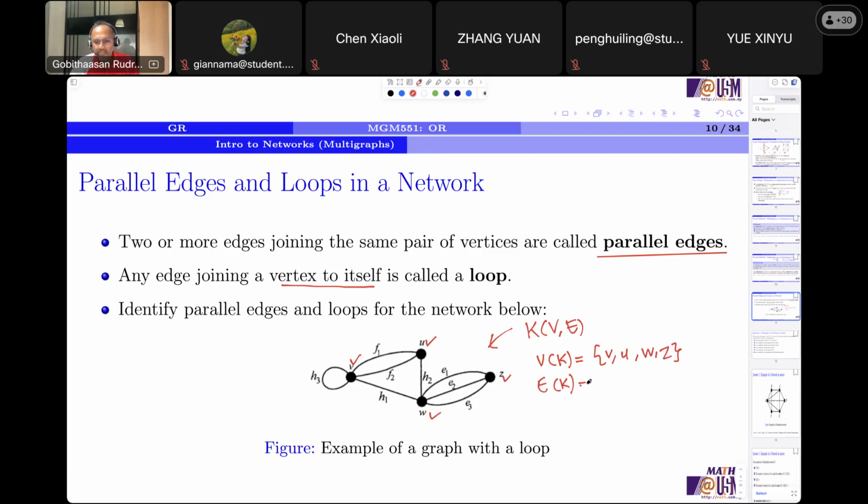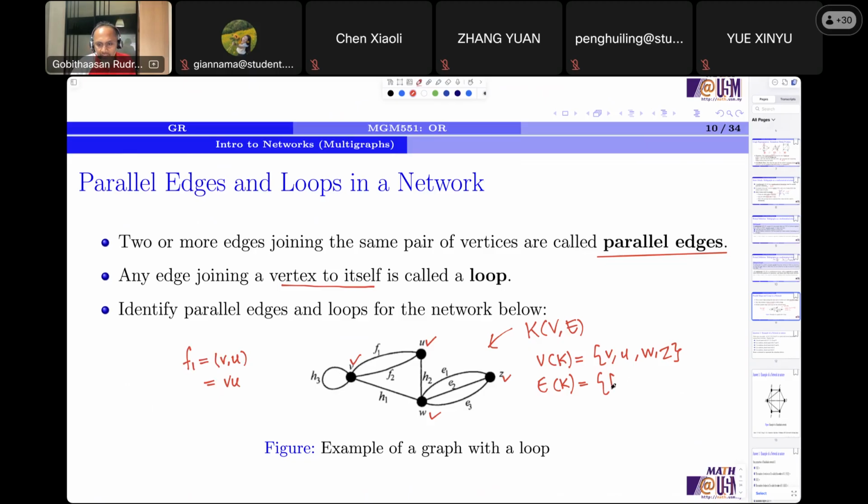The edge set would be, well, it's actually many. Let's go one by one. For example, F1. They have labeled them, so it's pretty easy to write. F1 is V to U. Sometimes if there is no direction, we just write VU. Since they have named it, I'm not going to write it the long way.